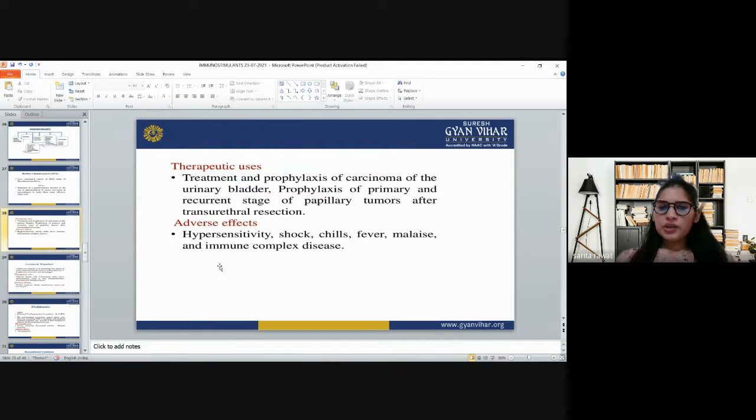The therapeutic use includes treatment and prophylaxis of carcinoma of the urinary bladder, and prophylaxis of primary and recurrent stage papillary tumors after transurethral resection. Adverse effects include hypersensitivity, shock, chills, fever, malaise, and immune complex disease.